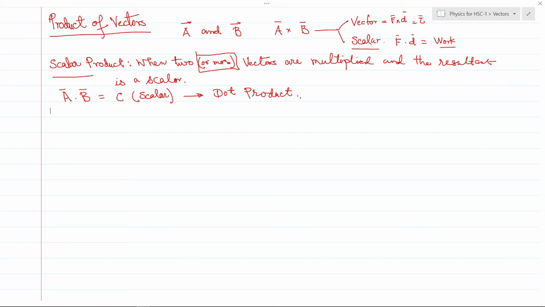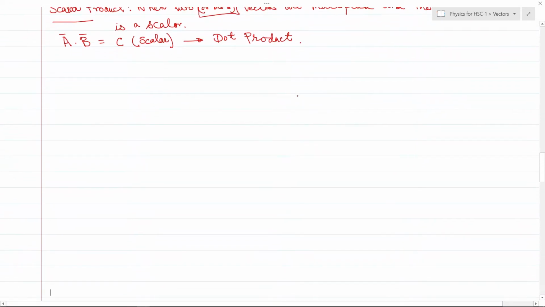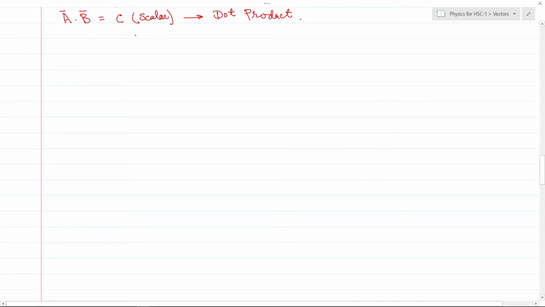And when two vectors are multiplied resulting in a vector quantity, that is called a vector product. So let us define the vector product. That means when vector A is multiplied by vector B and the resultant is a vector C. I missed one thing.